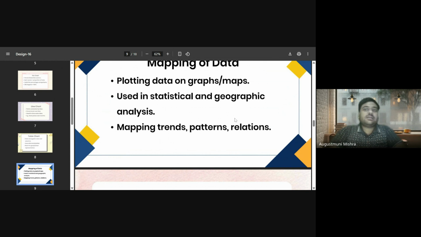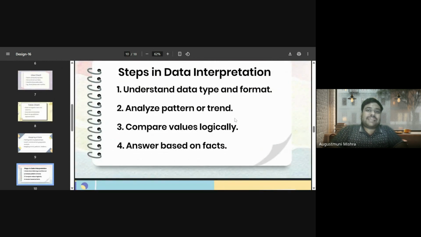Now, what are the steps for data interpretation? That is very simple, and it can come in your questions related to data interpretation. The first thing to keep in mind is understanding the data type and format. What kind of data do you have?